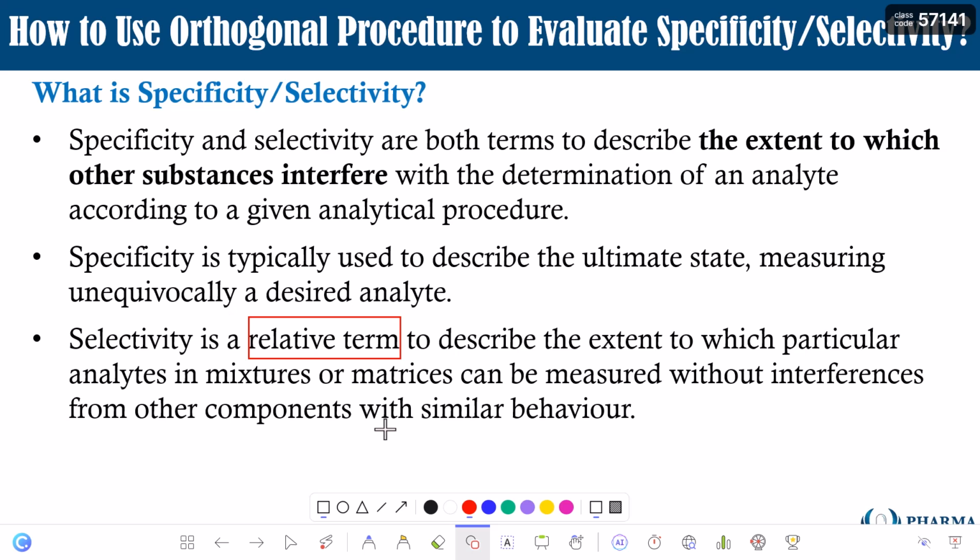It means there may be some possible interference from the sample matrix, but it is acceptable, below the acceptable level. That is called selectivity. So which term is more practical, specific or selective? The selective term is more practical and quite easily achievable, and not the specific term.